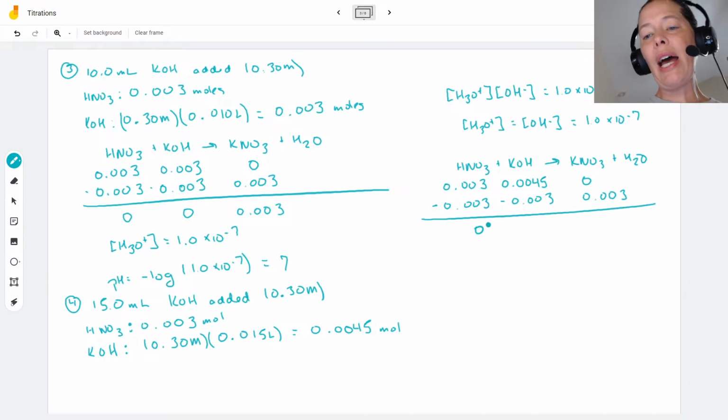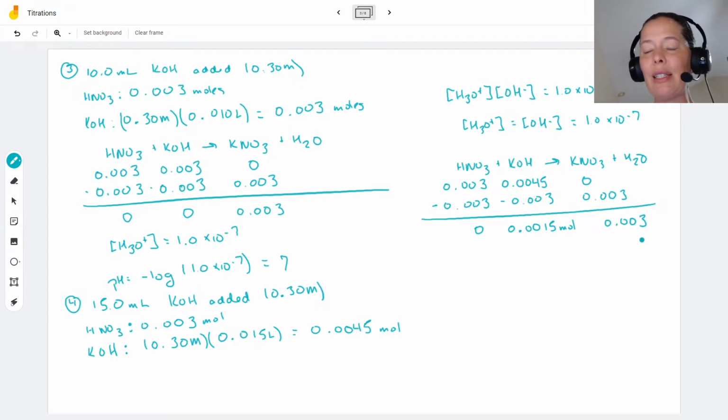So now I have no more nitric acid left in solution. I have an excess of potassium hydroxide, and specifically I have 0.0015 moles of potassium hydroxide, and of course I do have some potassium nitrate, which I don't worry about because it doesn't have any acid-base properties.